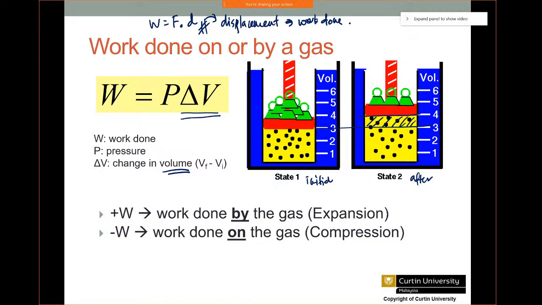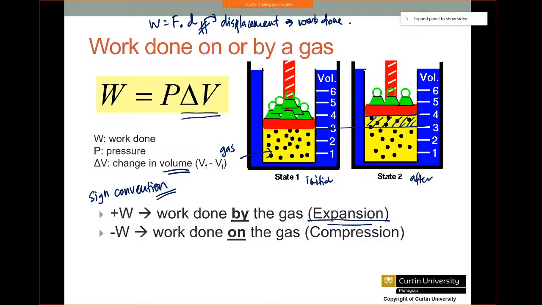When it comes to the first law of thermodynamics, besides learning the equation, we also look at the sign convention. If the gas is doing the work, this is our system inside, it means expansion. The gas is working hard in order to grow bigger.